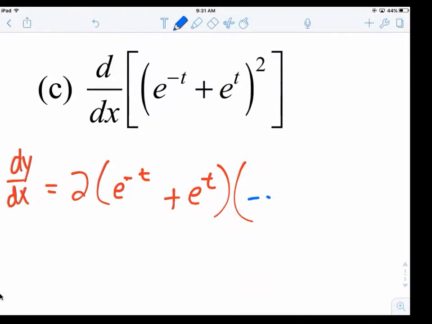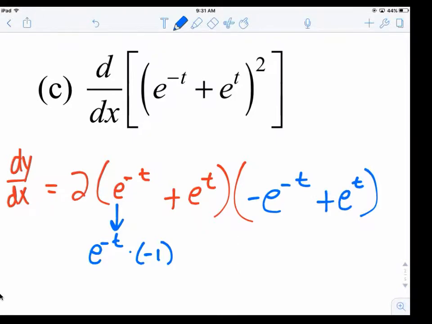So I have negative e to the negative t, right? Because when you take its derivative, it's e to the negative t times negative 1, right? And then derivative of e to the t is just e to the t, right?